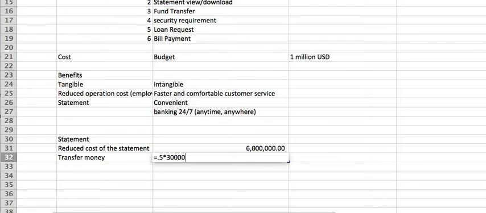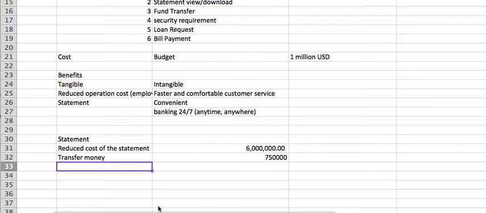And if they do one transfer, they can do minimum 10 transfers in a year, and multiply by 5, because we are talking about 5 years. So $0.5, 30,000 people transferring, making 10 transfers for 5 years. So this is the amount.